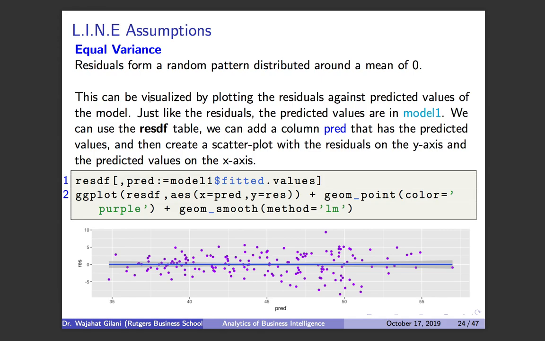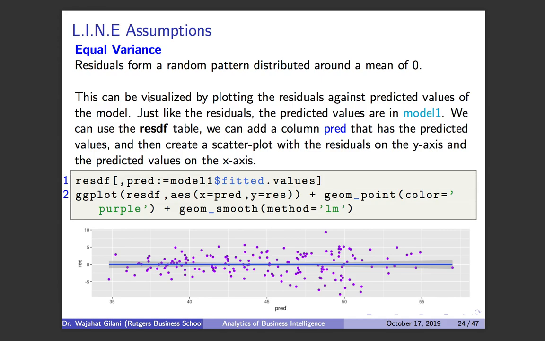We visualize this by plotting the residuals against the predicted values of the model. It's a scatter plot you're doing. You put the residuals on the y-axis, and the predicted y values you put on the x-axis, right? Now again, what is this showing?